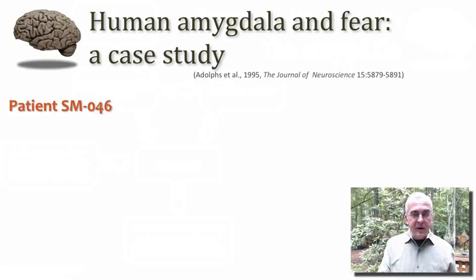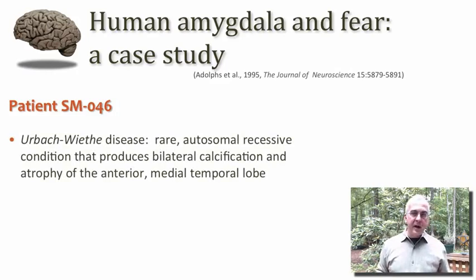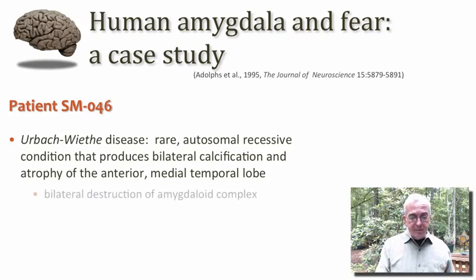Well, this is a patient that is known in the literature as patient SM, or patient SM46. Patient SM has been diagnosed with a condition that has led to the bilateral calcification and atrophy of her anterior and medial temporal lobe. And in particular, it's led to the bilateral destruction of much of her amygdaloid complex.